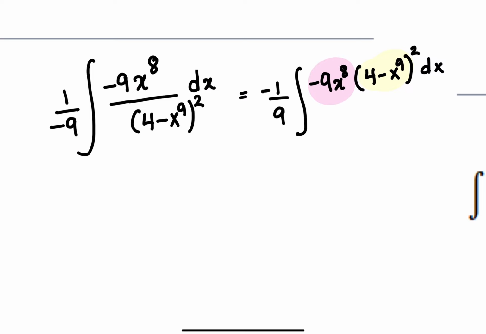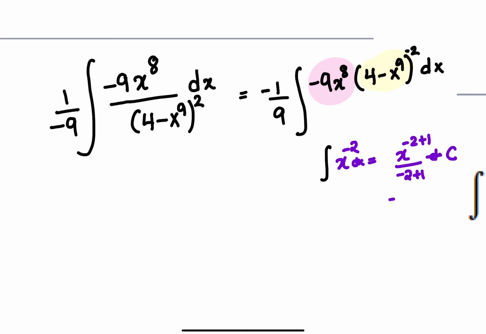Now I simply have to find the integral. So it's like you're finding the integral of x to the power negative 2, sorry. Let me write this in a different color. It's like you're finding the integral of x to the power negative 2, which is x to the power negative 2 plus 1 over negative 2 plus 1 plus c.